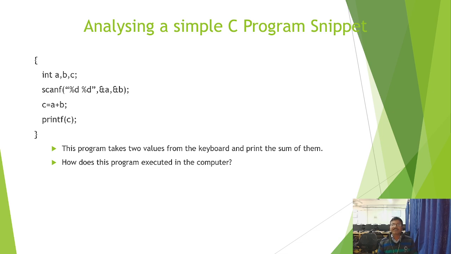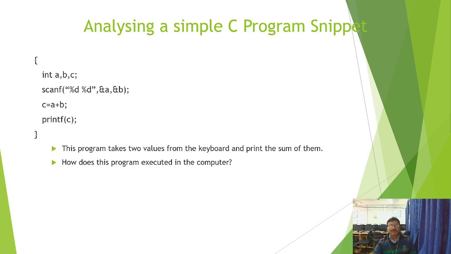Let me take an example of a C program snippet where within the main program we are declaring three variables A, B, C, and from the user we are getting two values for A and B. Thereafter we are simply adding them up and storing the result at C variable, and this particular result will be displayed within the console using the printf C statement.